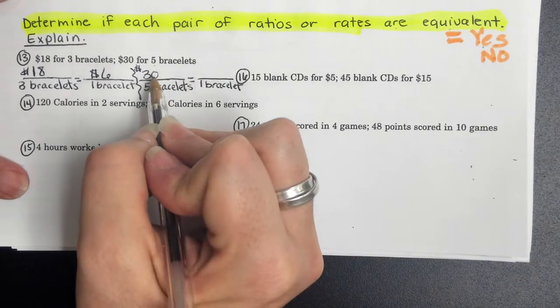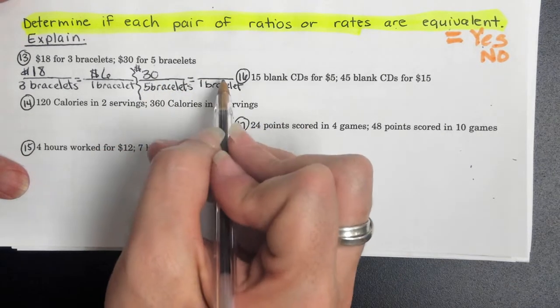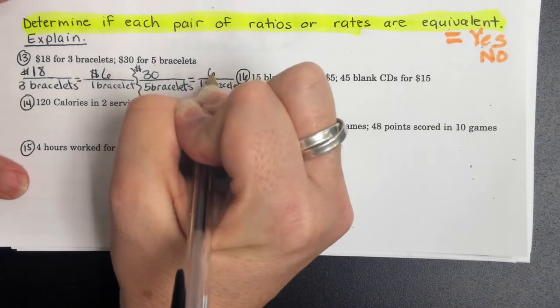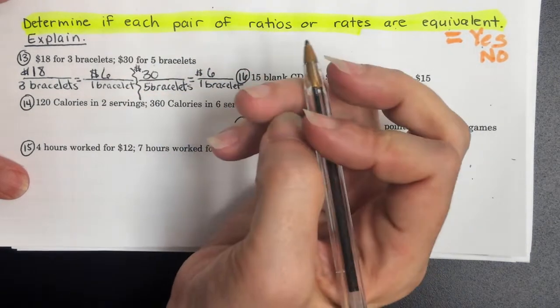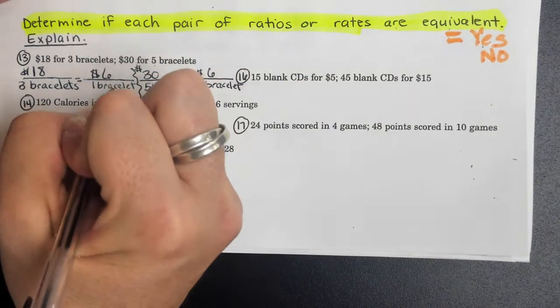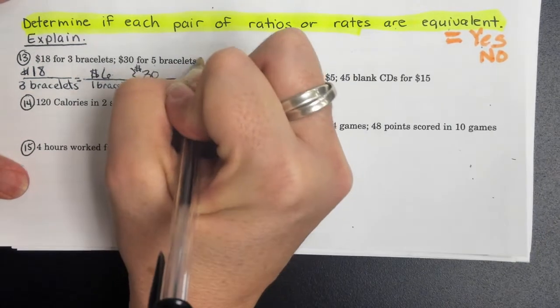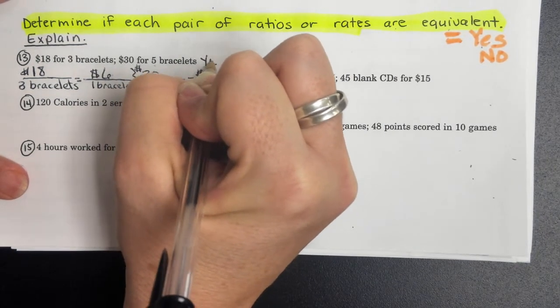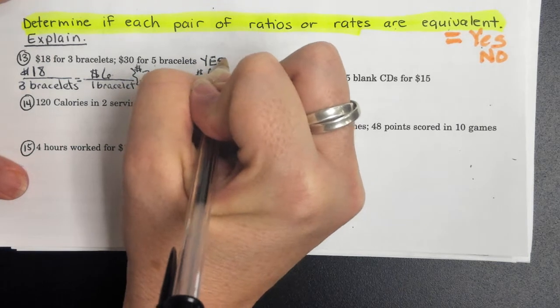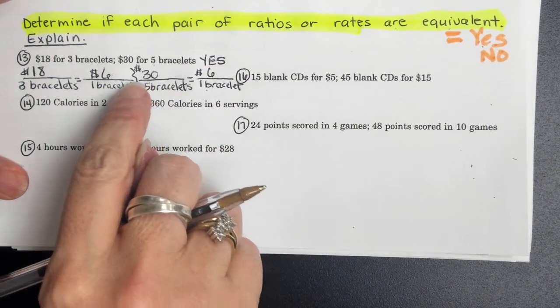Okay. So $30 for 5 bracelets is how much per bracelet? $6. So are they equivalent? Yes. 6 for 1, 6 for 1. Yes, they are equal. You got to look at the unit rate, the last thing you get, to see if they are equal.